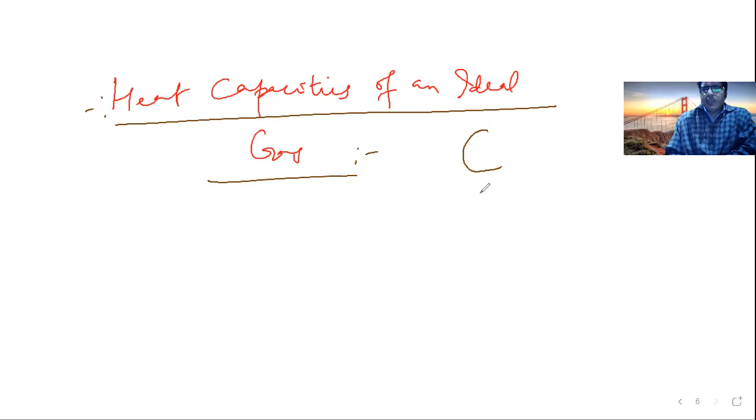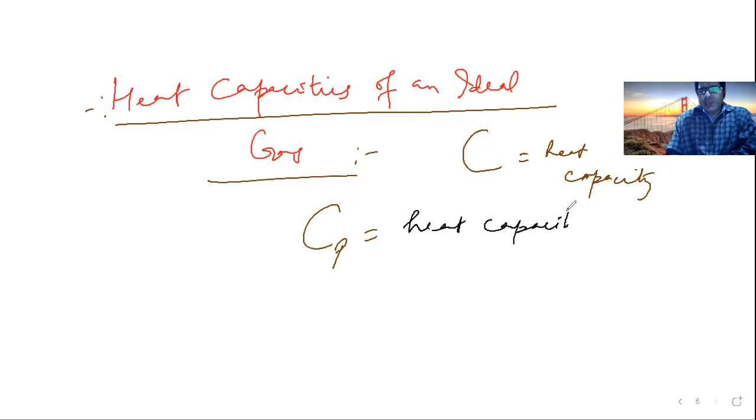And we have already said that we have two kinds of heat capacities. We write C subscript P for heat capacity at constant pressure.